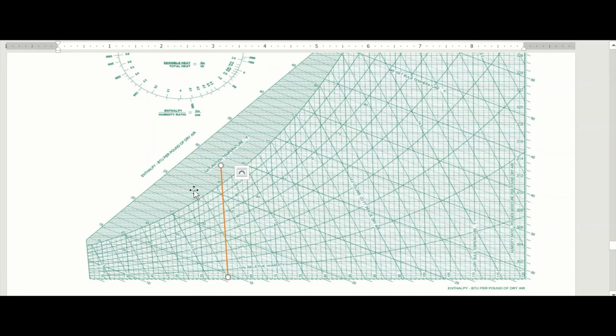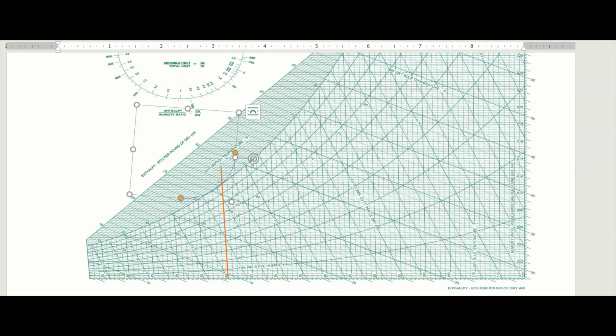So this is my 100. So I can take my pencil again and draw a curve on that point. So that is my 100.